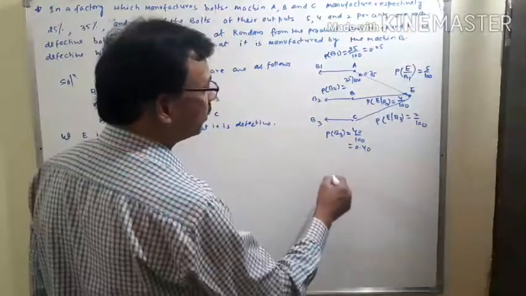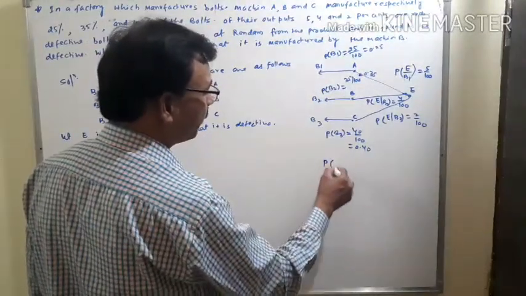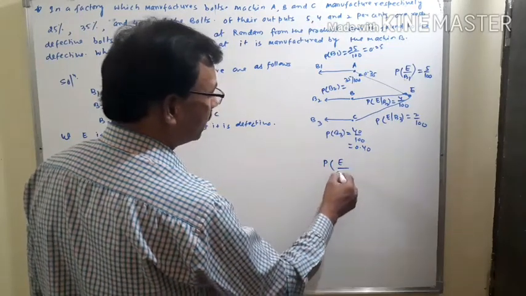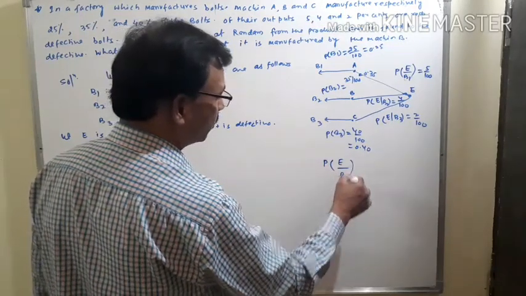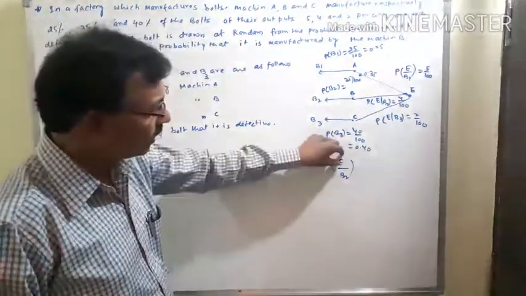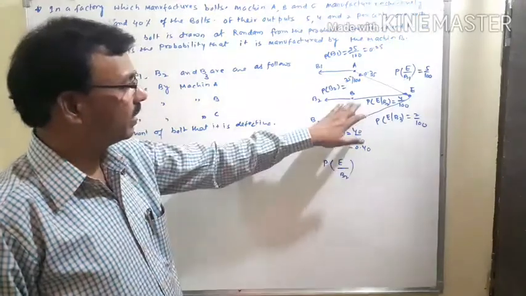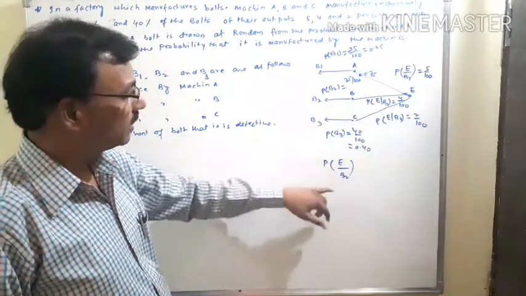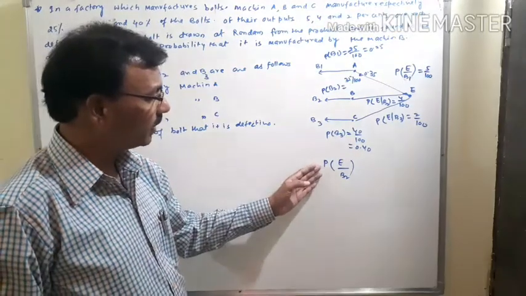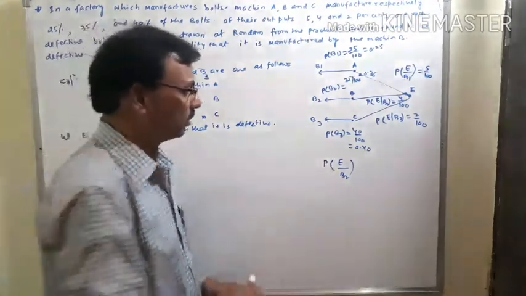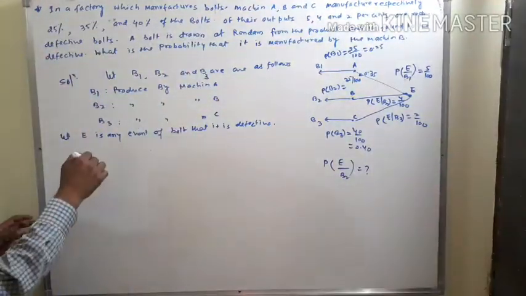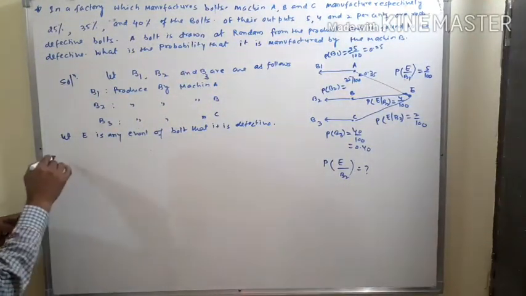That means we want to find P of B2 slash E, that is, the defective bolt produced by machine B. Since B2 is the production of machine B, we want to find this. This is our question. Now here apply the Bayes theorem.